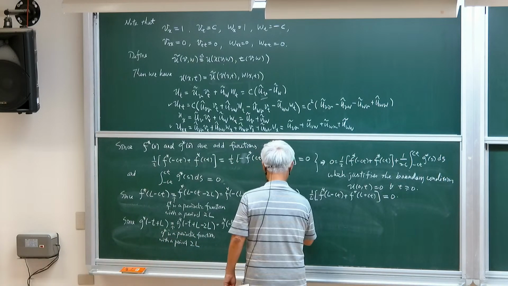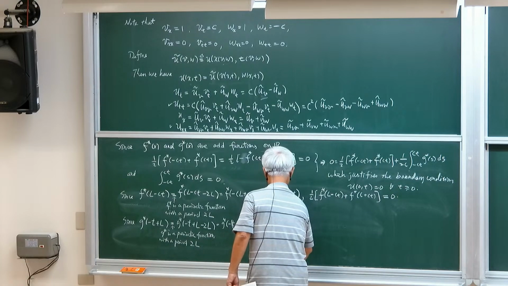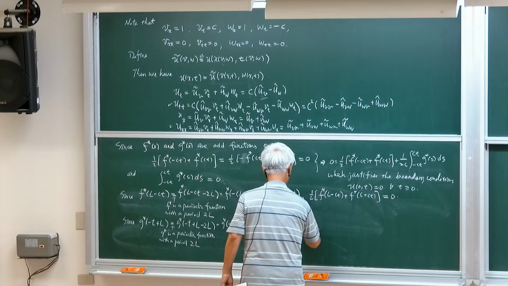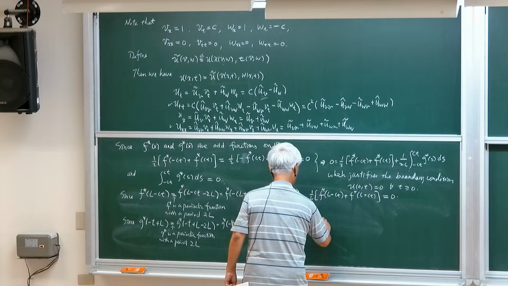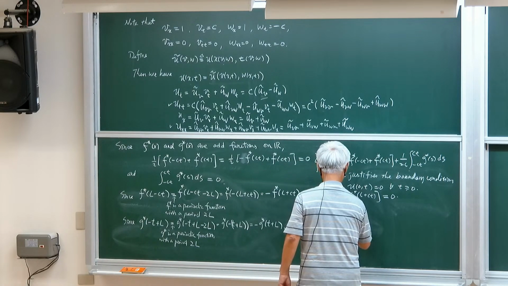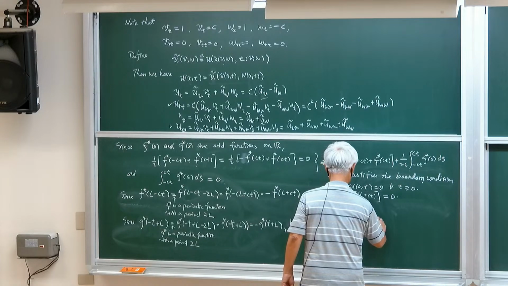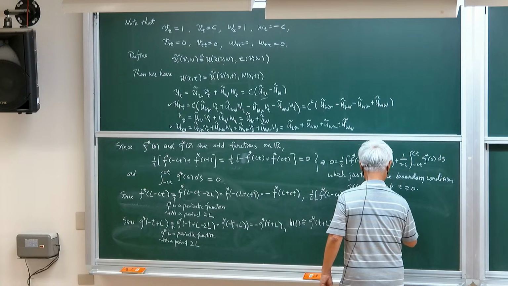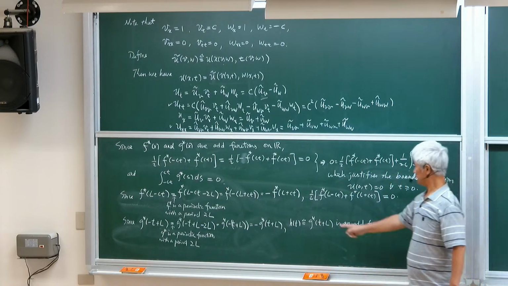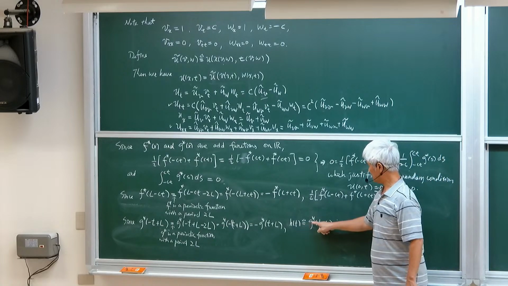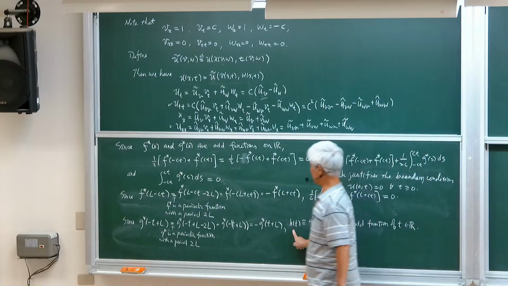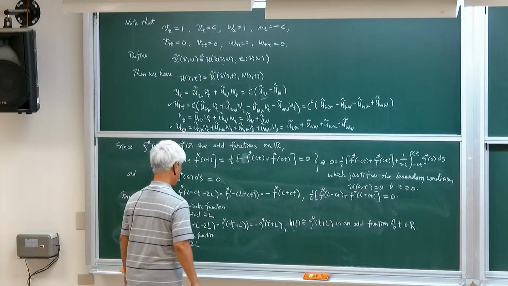So this means that if we define h of t to be g star of t plus L, this function is an odd function of t in R. So we define a new function, which is g star of t plus L, and now h of t is an odd function.